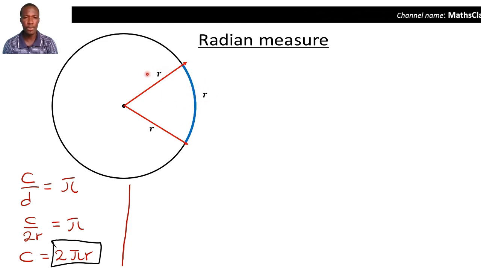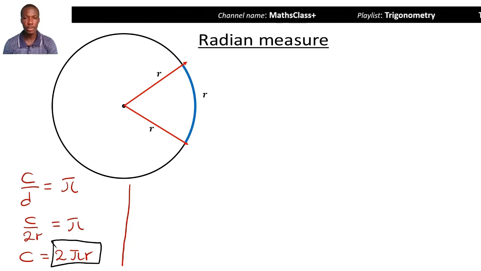The length of our radius is also r, which means the length of the arc is equal to the length of the radius. In such a situation, this arc subtends an angle here, and the size of that angle is described as 1 radian. So when we say a radian angle, we are talking about an angle that is subtended by an arc which is of equal length as the radius of the circle.